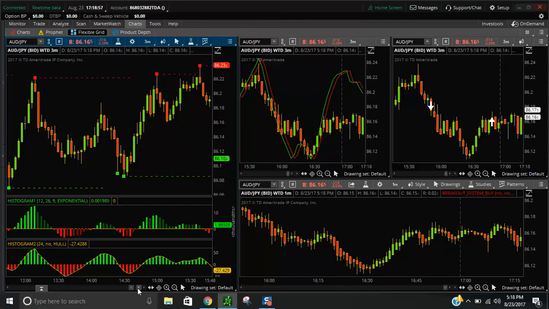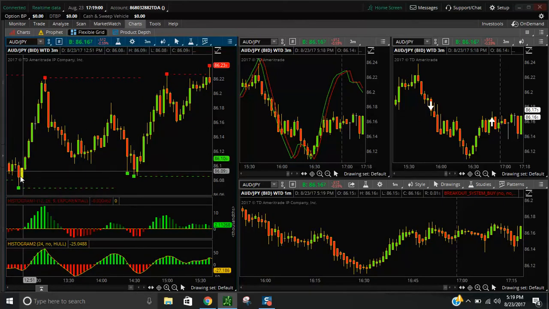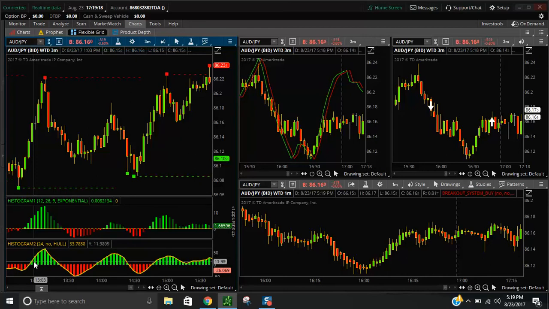So for instance, here, it's moving back up, but at this point, these are still red. Here, this one is still red, this one is still red, this one is still red. So the candle that you would normally want to enter the trade in would be here. It would be this one because you want the candle to end up closing green on the top and the bottom.